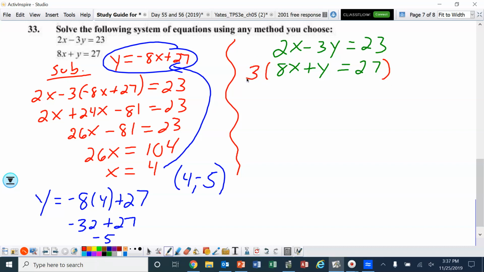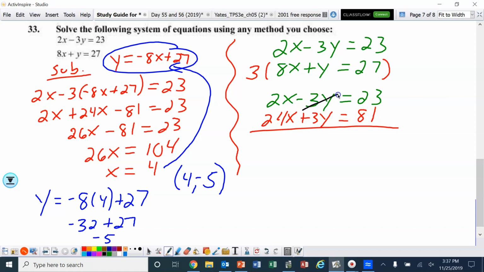That means I got to multiply everything by 3. So the top equation did not change. Now I'm going to multiply the bottom equation by 3. So that would be 24x, then plus 3y, and then 3 times 27, that's 81.